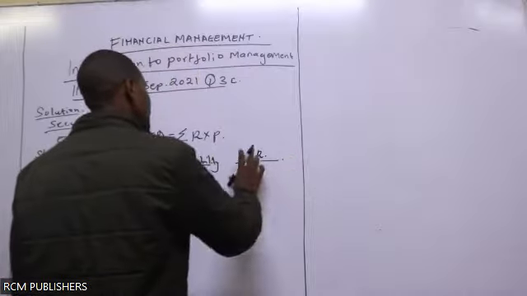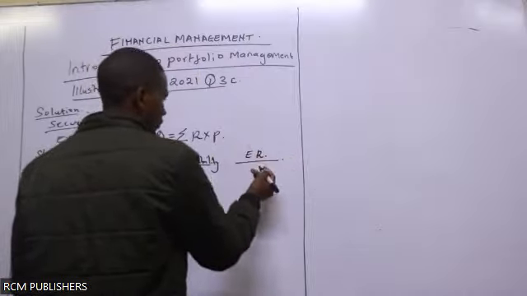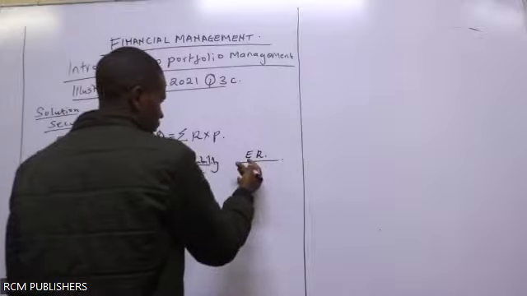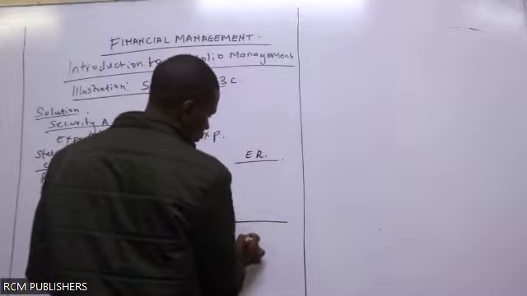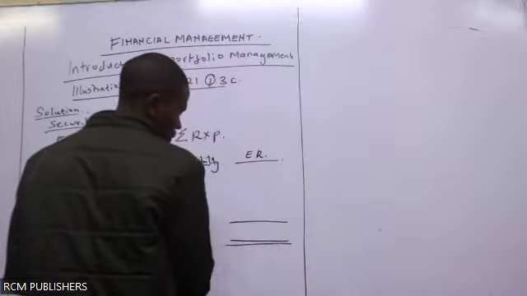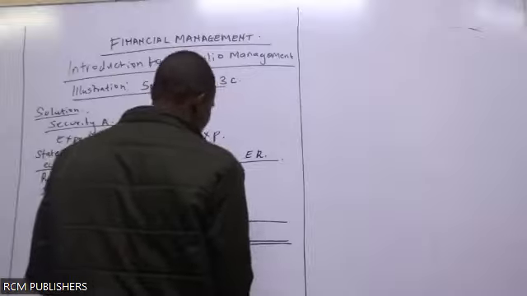Now, what will be my expected return? Remember, we say that it is the summation. So whatever we get here, we sum. Now our result here is what we need. It's what we call the expected return.